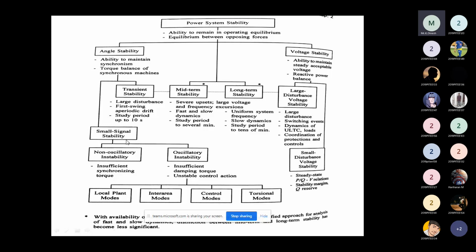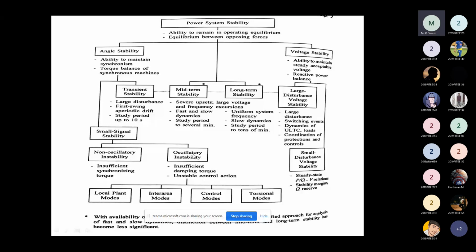So this small signal stability is further classified into two categories. One is non-oscillatory instability. Another one is oscillatory instability. By non-oscillatory instability, insufficient synchronous torque is applied. So it doesn't have a proper torque here.